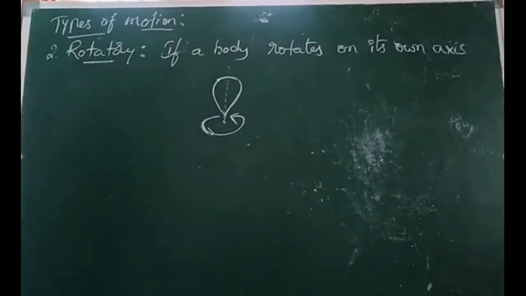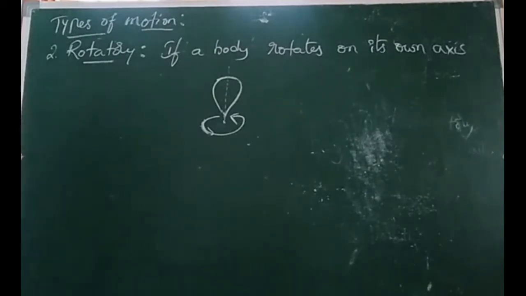We can give many examples: hands in a clock, rotating blades of a fan, rotation of the earth and the planets, rotation of a drilling bit, and motion of a potter's wheel. If you put a vehicle on a stand and rotate its wheel, that also comes under rotatory motion.